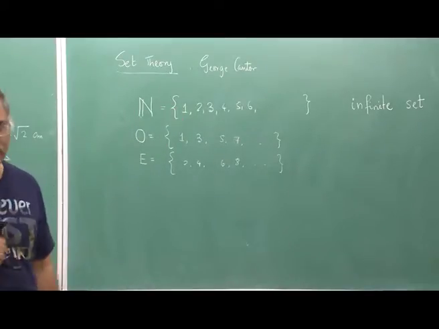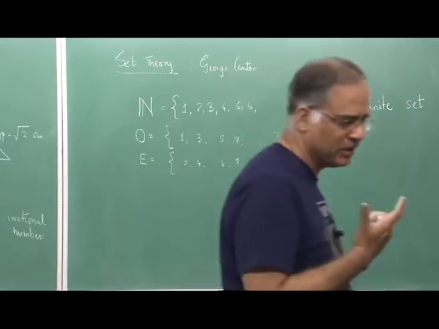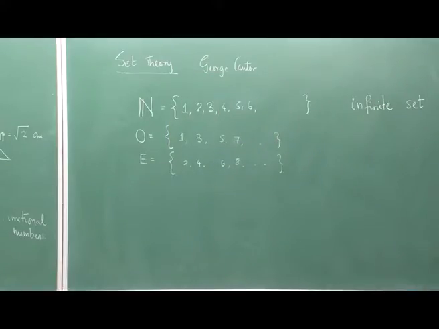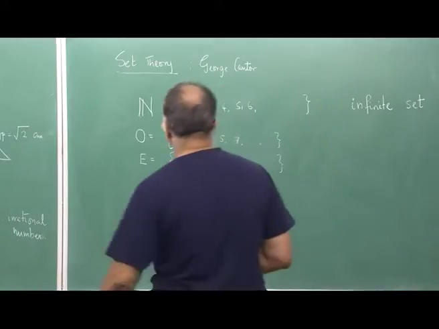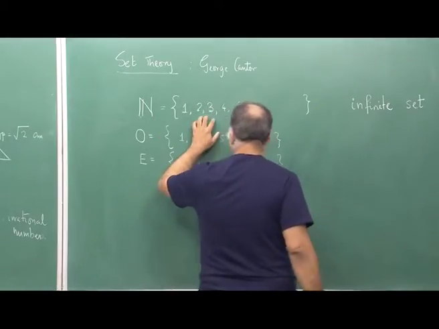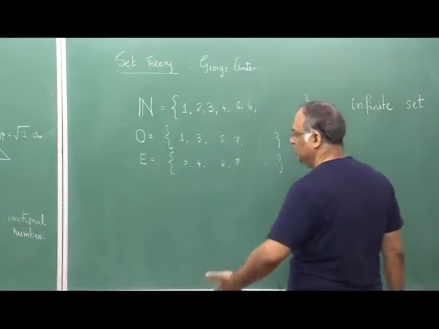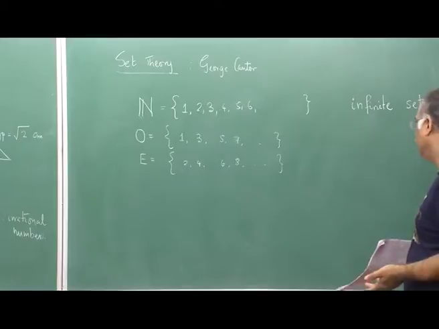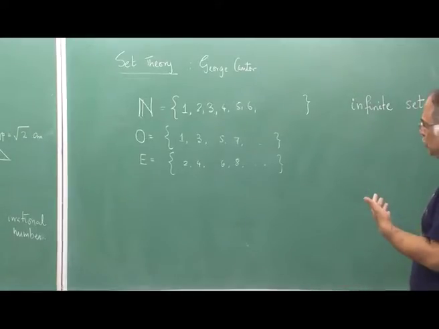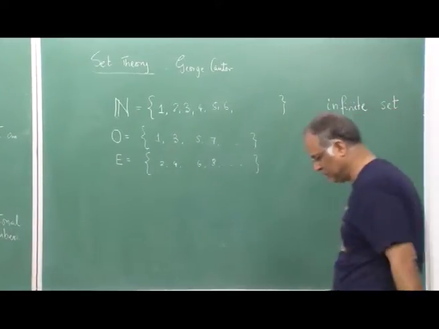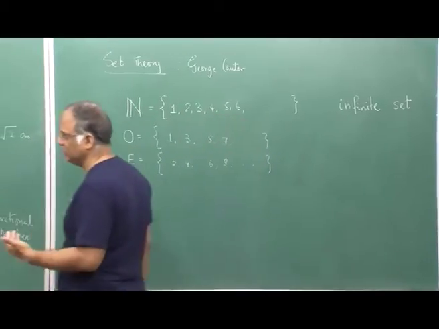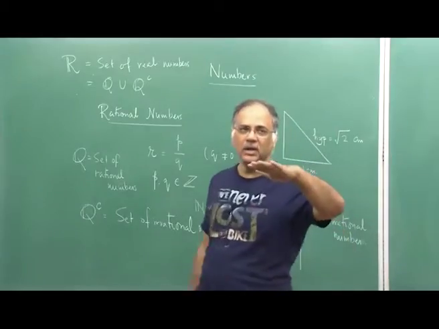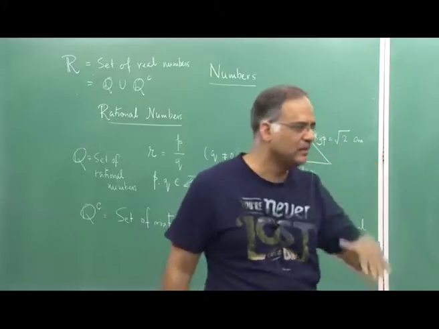Now, apart from these two classifications, there is an interesting class of numbers. See, there are 4 arithmetical operations that you carry out on these numbers: addition, subtraction, multiplication, and you also carry out division. When you carry out division, which is the inverse of multiplication, you come to some interesting classes of numbers.